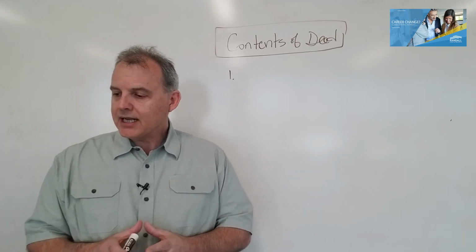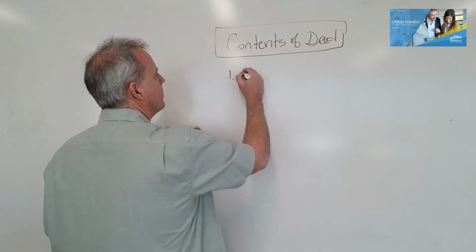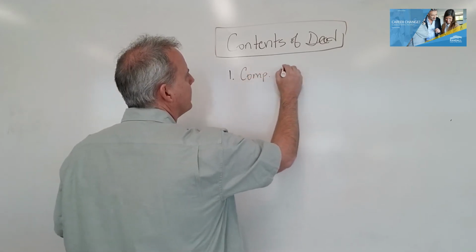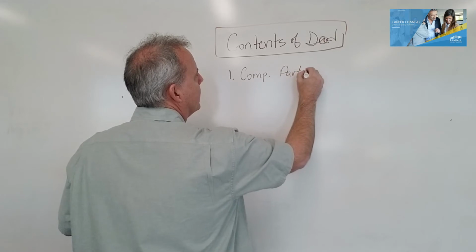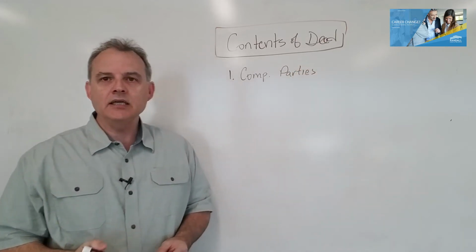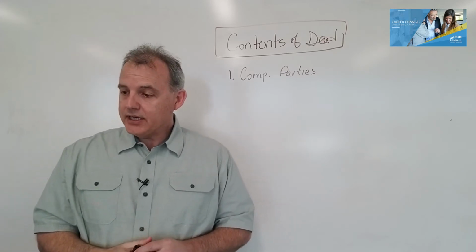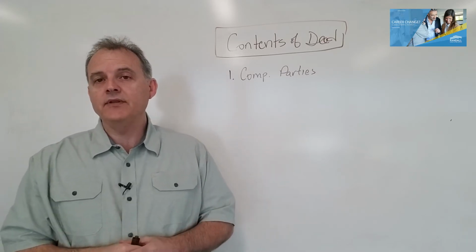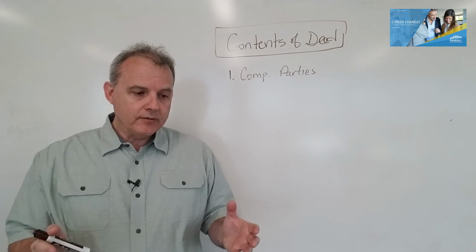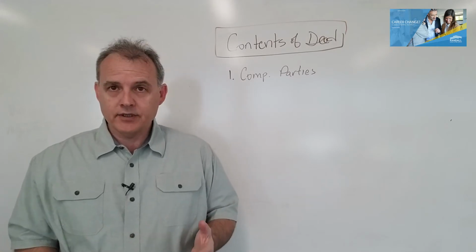The first one, competent parties, very important. Now, competent parties mean that the buyer and the seller, the grantor, the grantee, has the legal capacity to actually sign the deed or receive the deed. All right? Typically, competency deals with minors, for example.